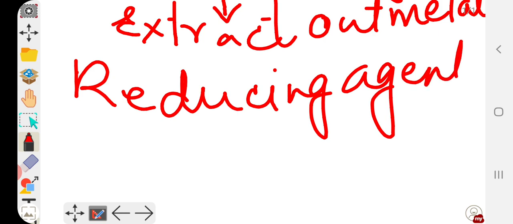So, the impurities present get removed, or the slag gets removed, with the help of this reducing agent, and the solid residue that is produced is termed as coke. Basically it is used in the iron and steel industry.